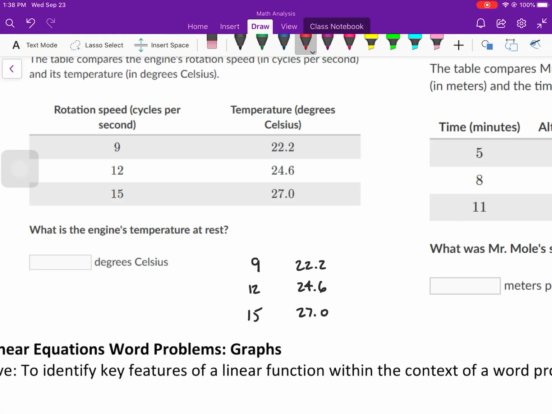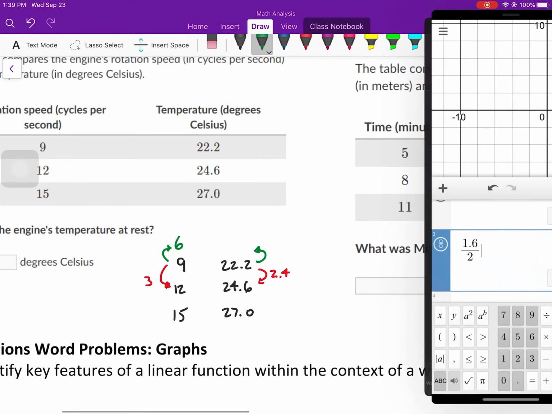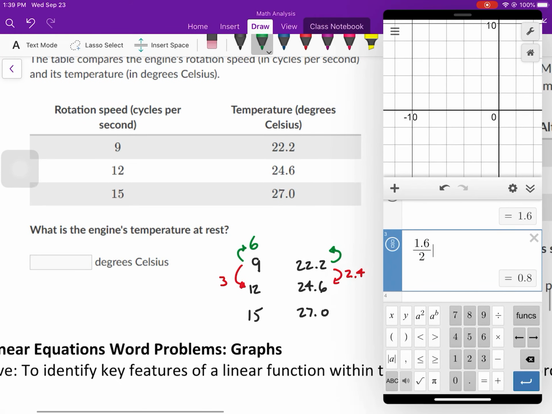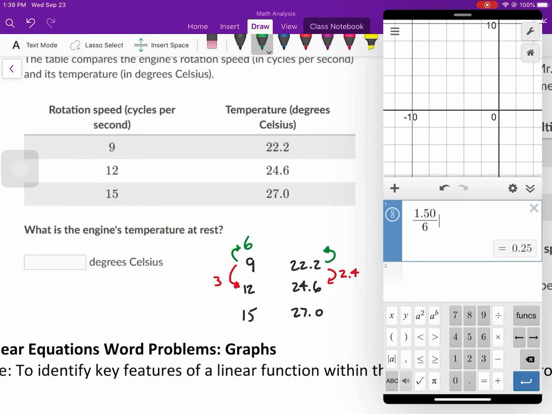So if we were to draw this table, I would go backwards. Notice this pattern is 3, right? And there is 2.4. So if we go backwards, I'm going to subtract 3. It's going to be 6. And then here we subtract the 2.4 instead of adding the 2.4. So 22.2 minus 2.4 is 19.8. Then we'll go back again.